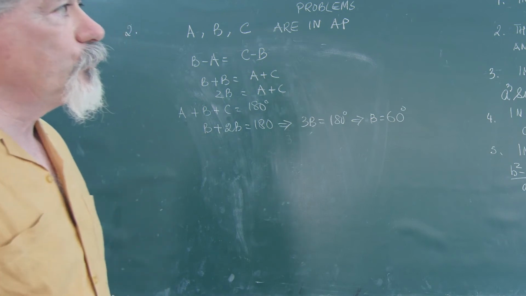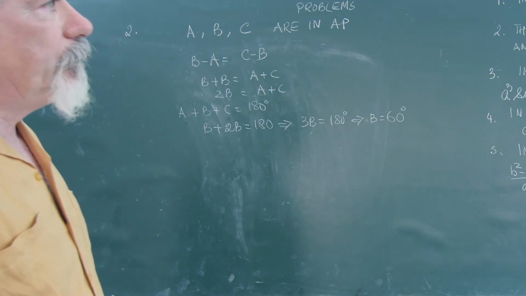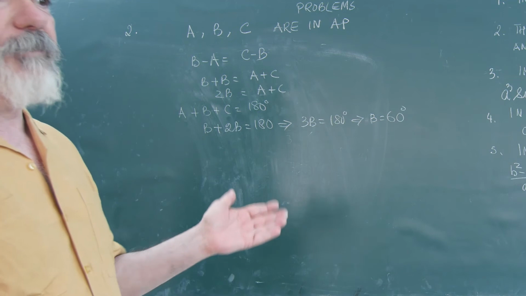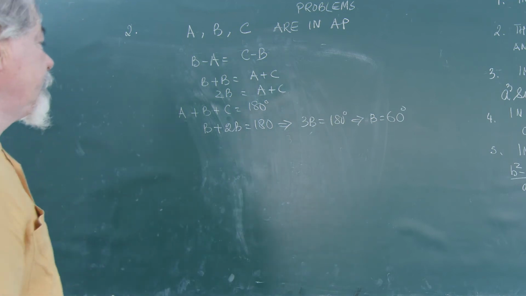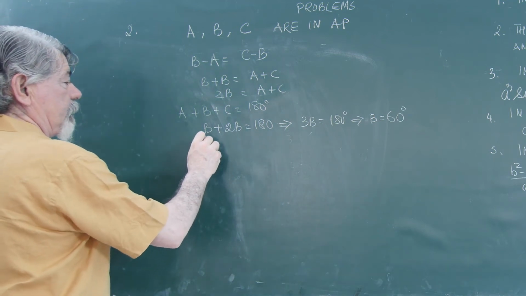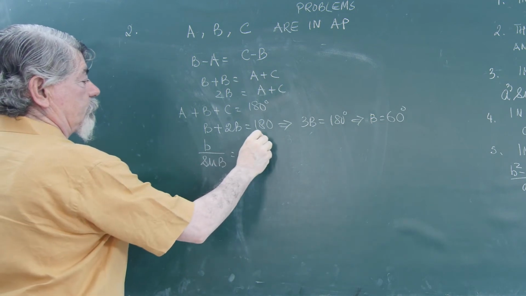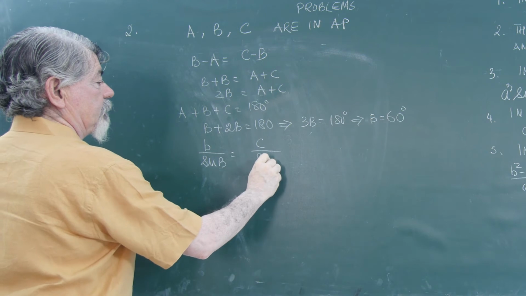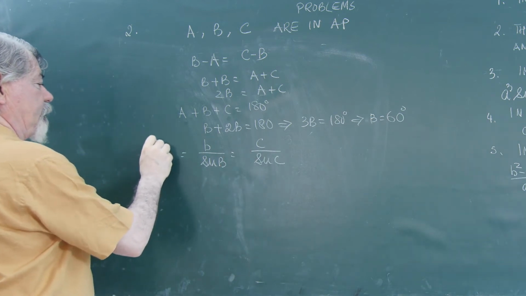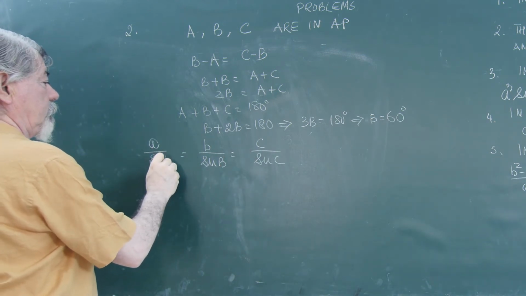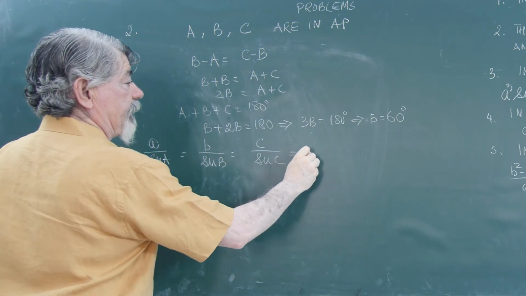Now it says b to c is root 3 to 2. The ratio between b and c is given. So again I will say b upon sin B is equal to c upon sin C, and a upon sin A is equal to k.